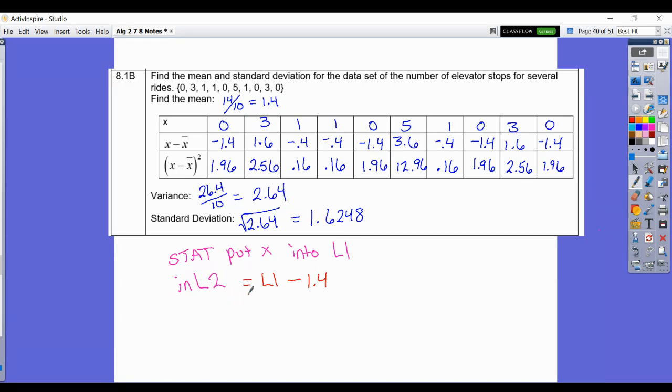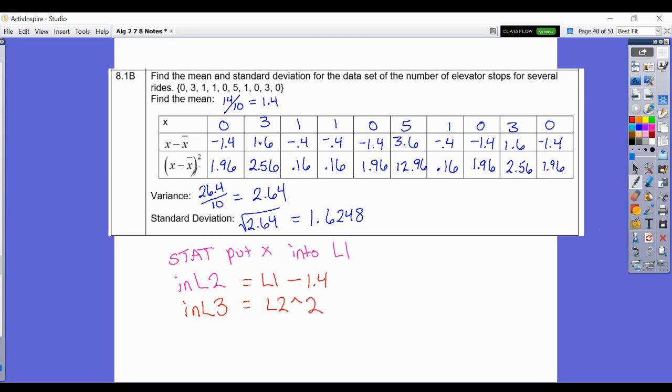Okay, in L2, you're going to put L1 minus, and you can make your calculator say L1 by hitting second one. And then in L3, let's put L2 squared, right?